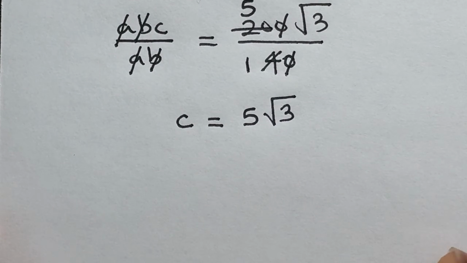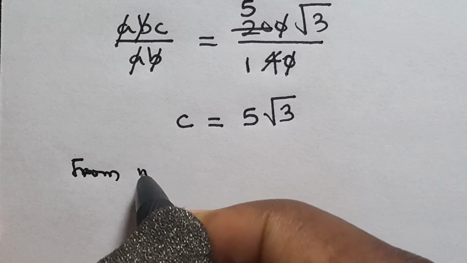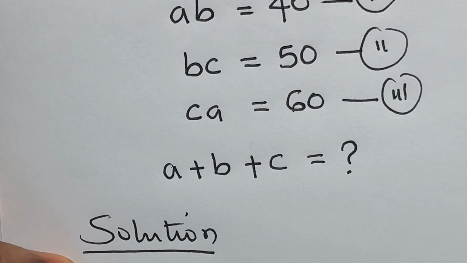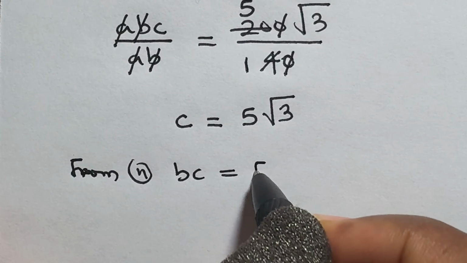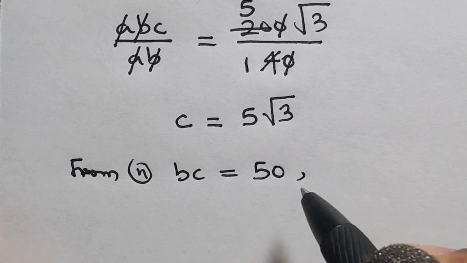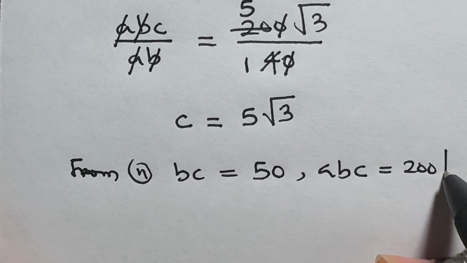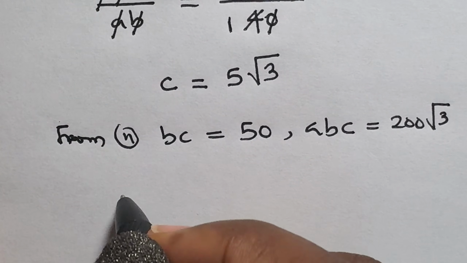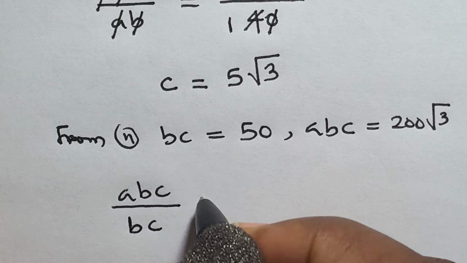Now let's do the same thing for equation 2. From equation 2, we are given BC is equal to 50, and ABC is 200 root 3. So again, we'll do ABC divided by BC.